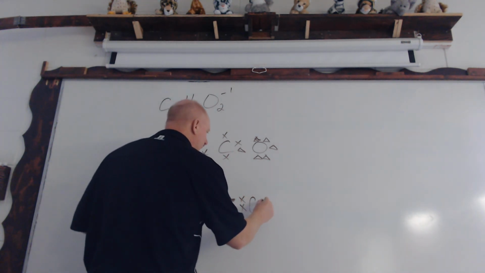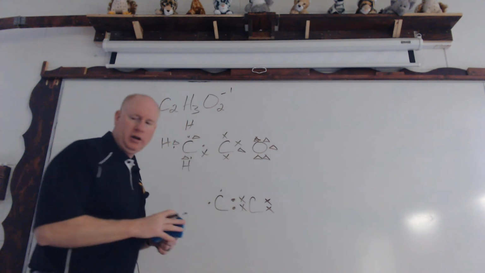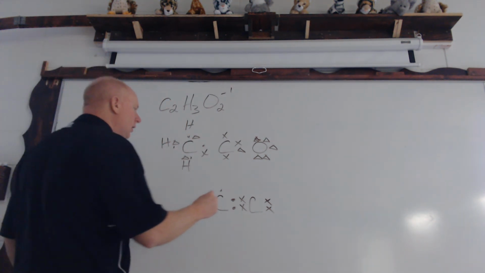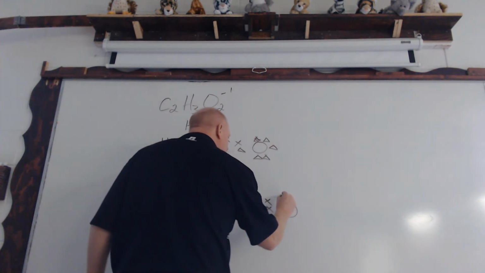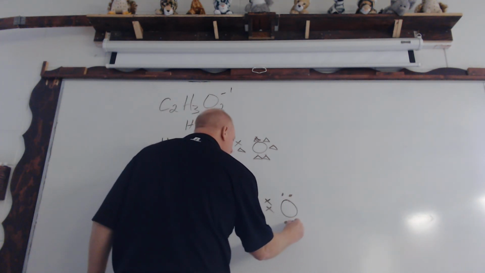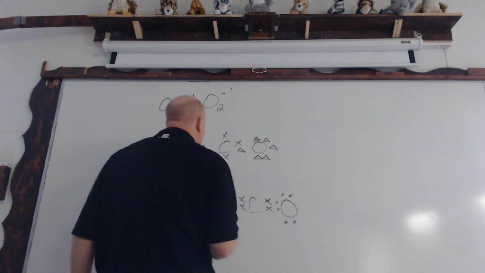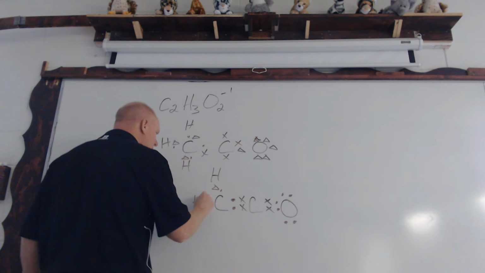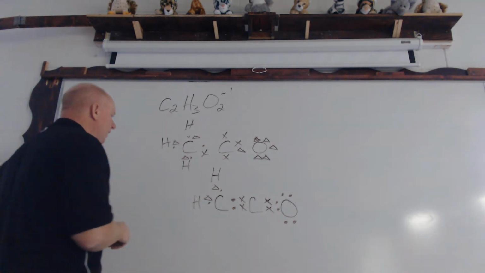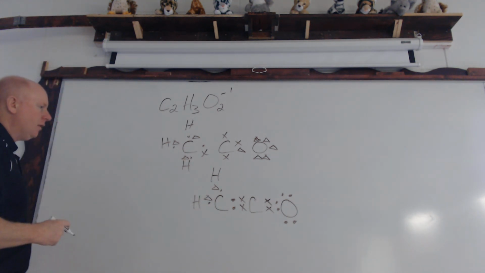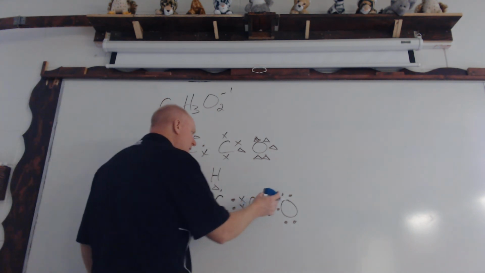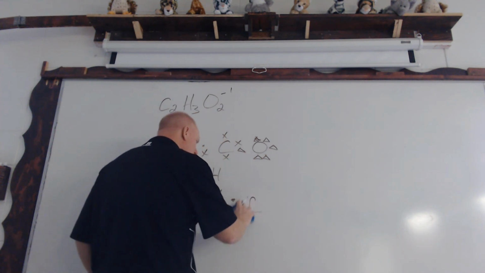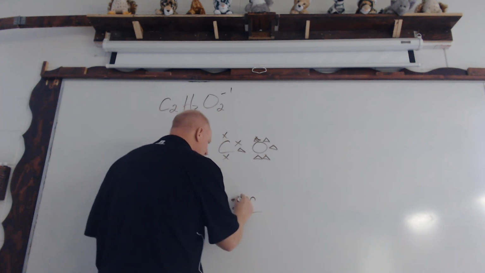And who's to say that we can't double bond on both sides? Maybe just give that a whirl once. And upon doing so, okay, and then we've got a hydrogen, and then there's no place to put that last hydrogen. So that is not quite working. So let's maybe take him. Oh, no, we wanted to keep that.